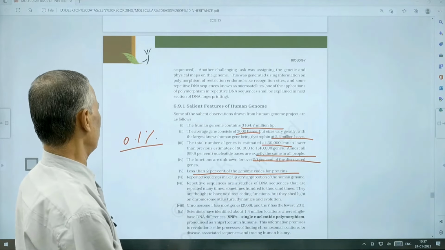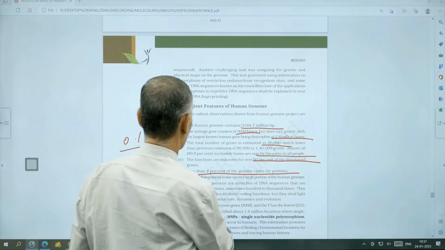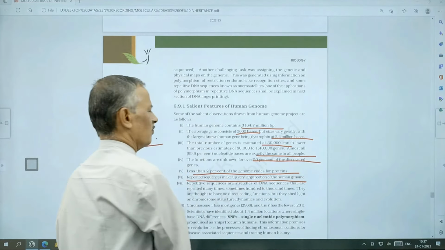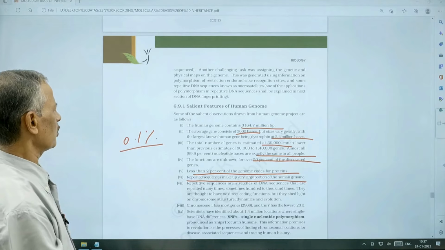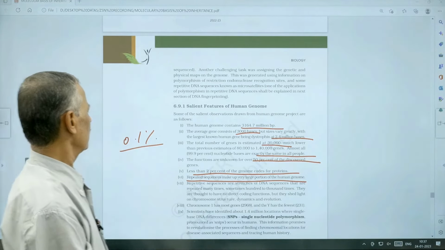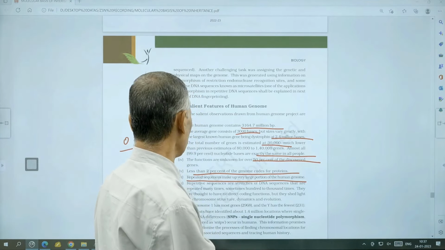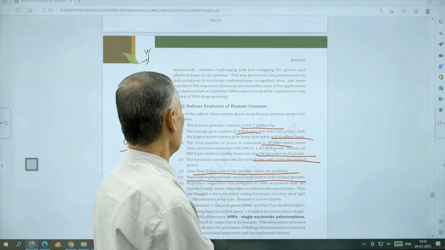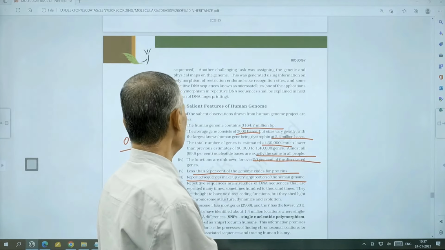We have to study that. Large repeated sequences, which come repeatedly, form a very large portion of our human genome. These repeated sequences are stretches of DNA segments that are repeated many times, sometimes hundreds to thousands of times. They have no role in coding.